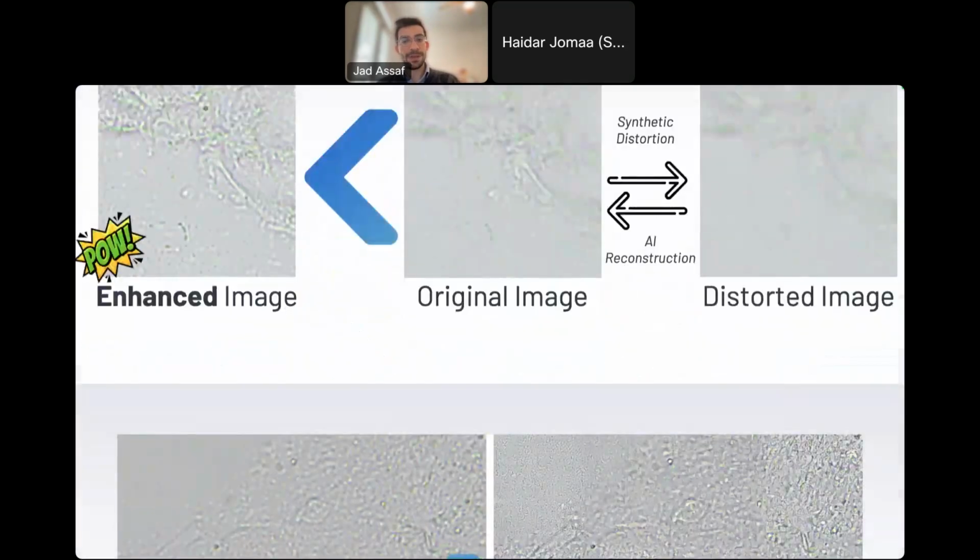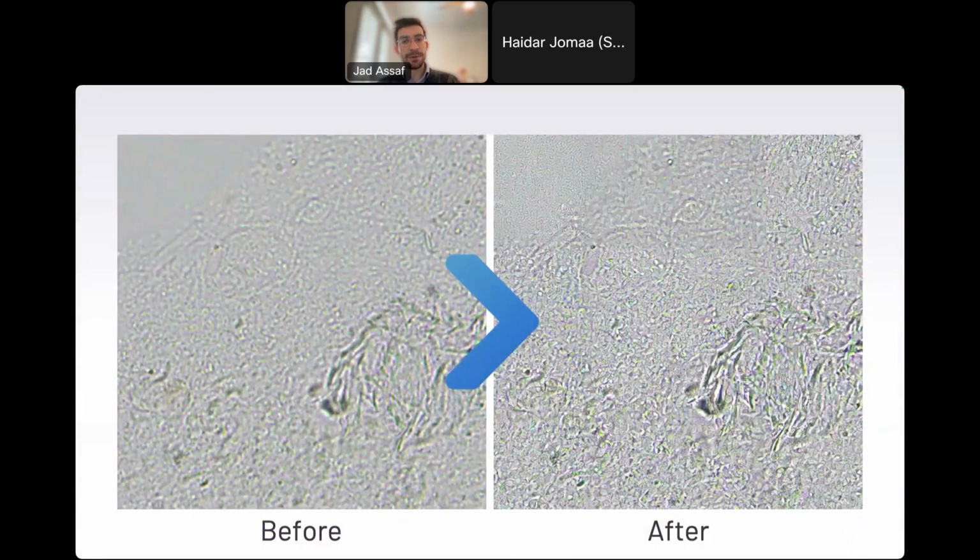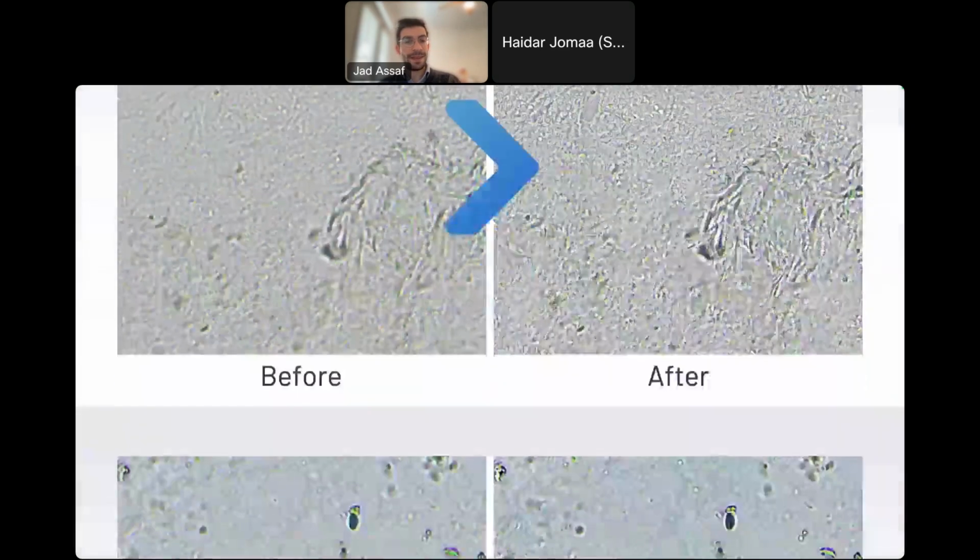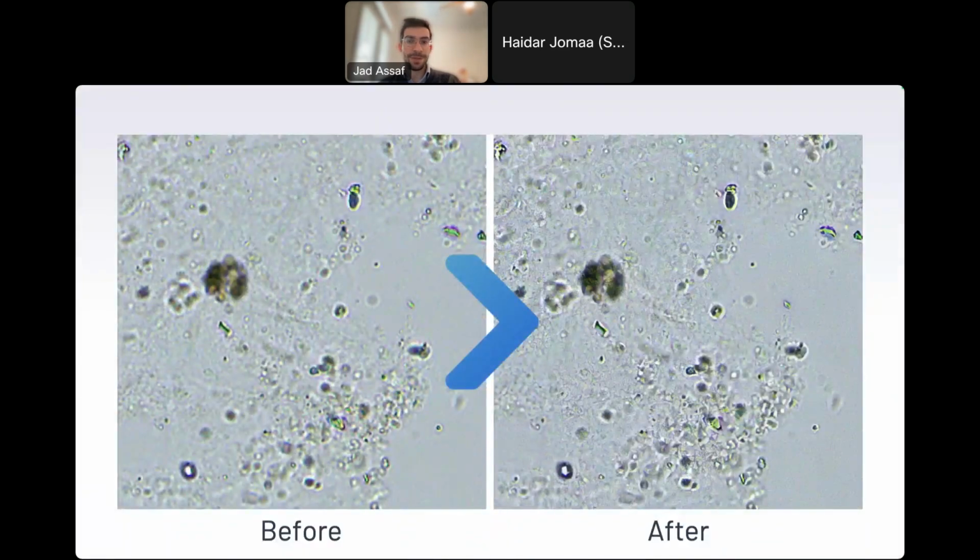And if we apply this on our microscope, the image on the left is the gold standard image. It was imaged with a slight out of focus technique. And if we improve it with our AI model, it shows up as the image on the right. That's a different image here.